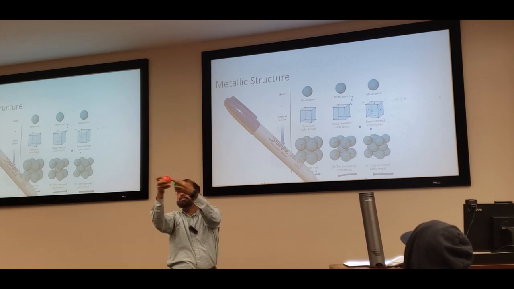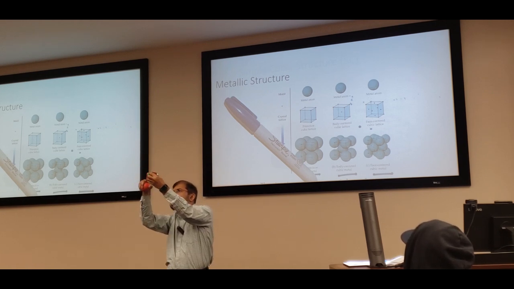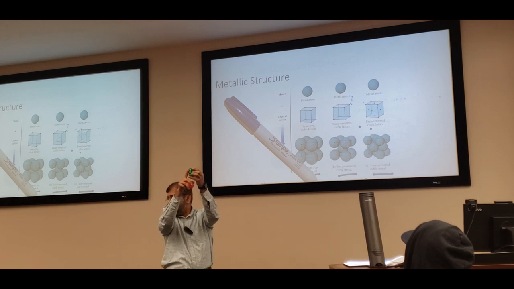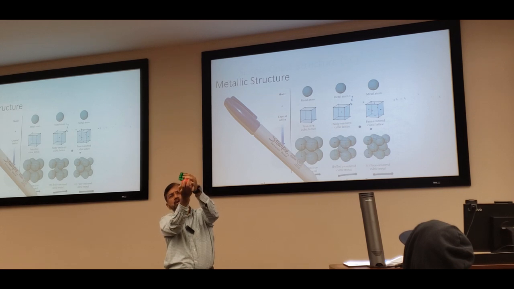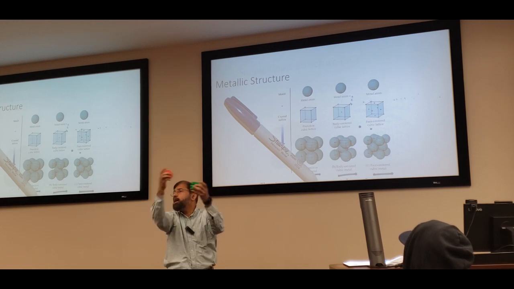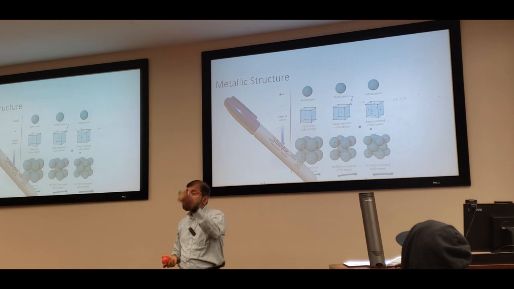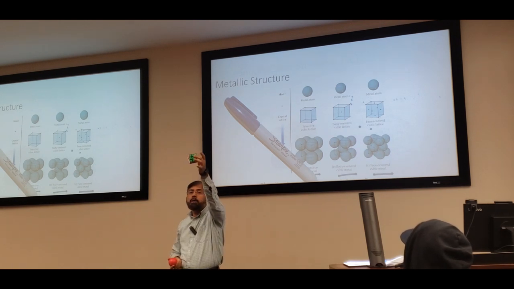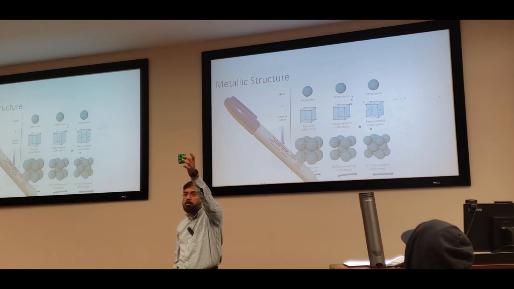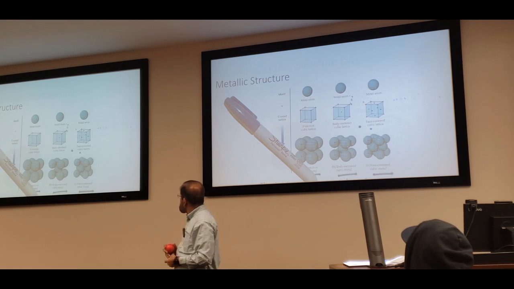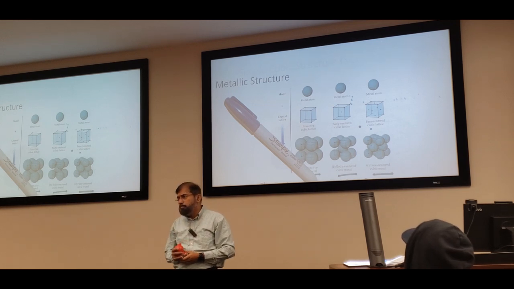Imagine that the center of this atom coincides with this corner. So you can have one atom here, another atom here, another here, and so on. Such a unit cell is called a primitive cube or simple cubic structure.